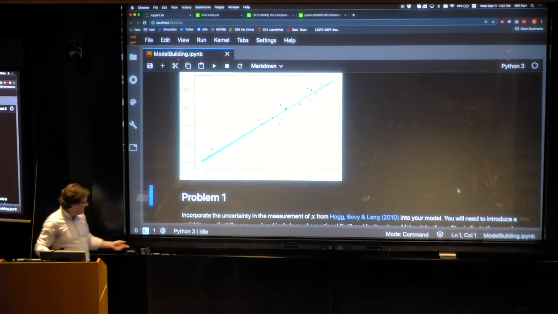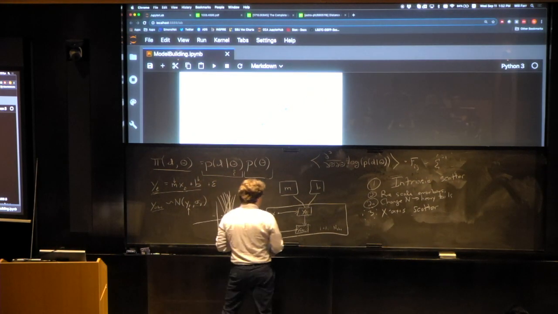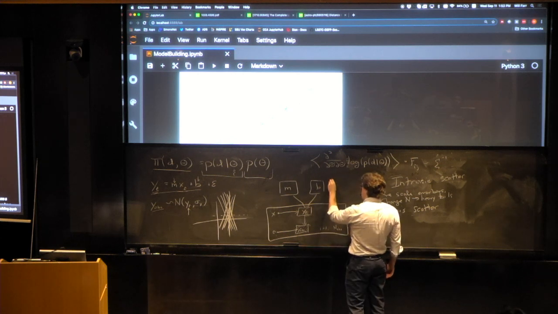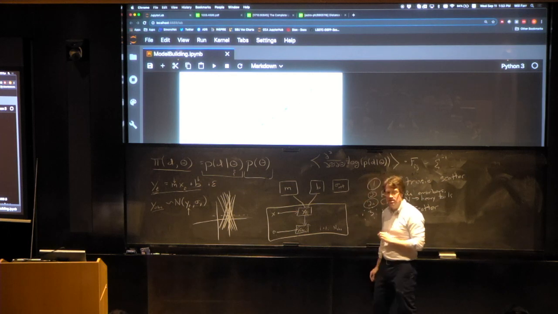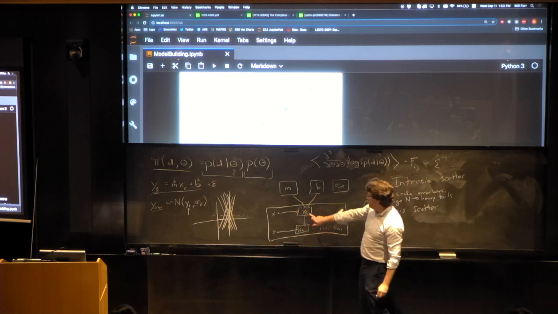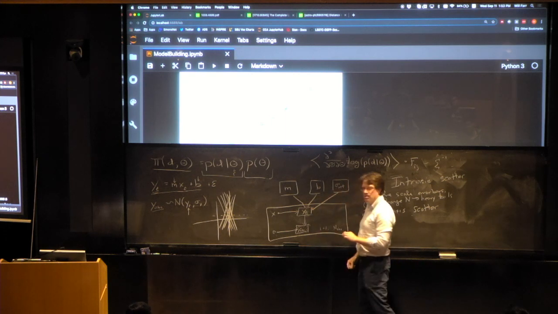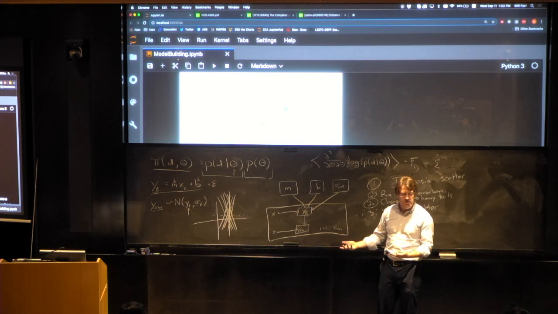Okay, let's fit the intrinsic scatter. So now in the intrinsic scatter, what's happening is there's a new parameter. And I don't know what y true is just from m and b. I have to account for the fact that y true doesn't follow precisely the linear relation.